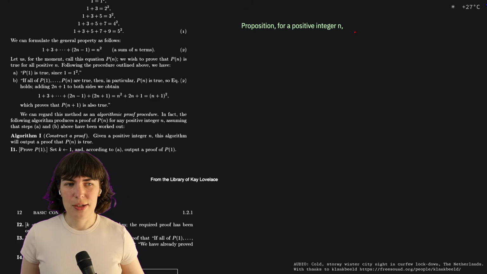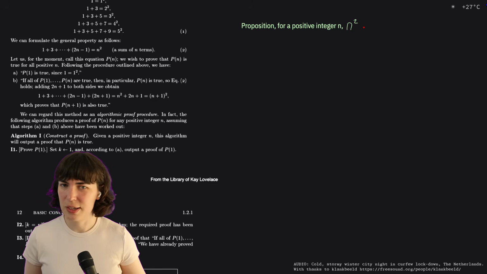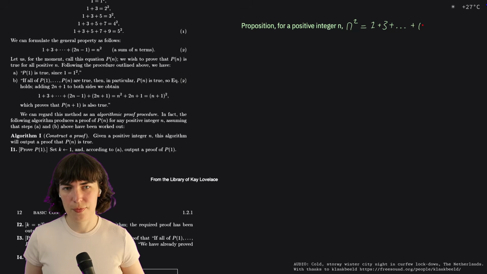N squared, oh, terrible writing there. N squared equals, oh, terrible writing again, 1 plus 3 plus etc, etc, all the way up to 2n minus 1.